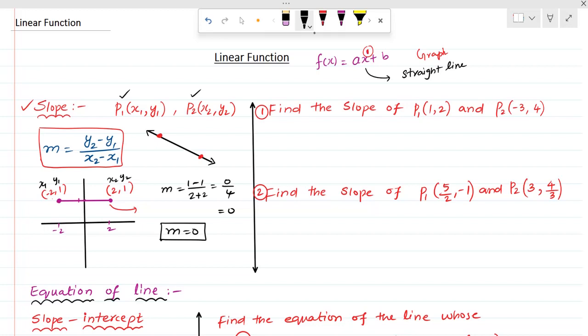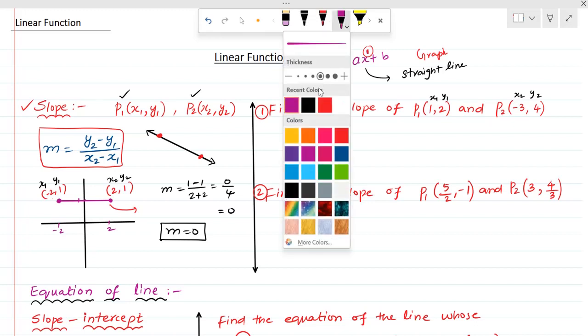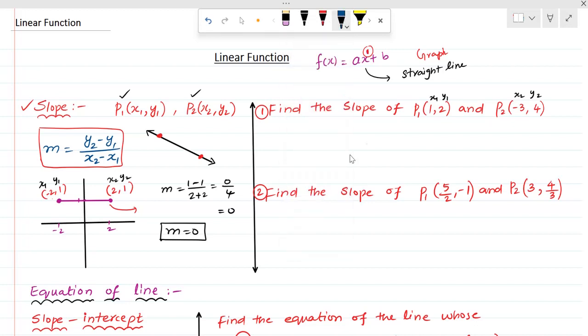Let us check the same thing for this one. So you have x1, y1, x2, y2. I write the formula here. m equal y2 minus y1 over x2 minus x1.